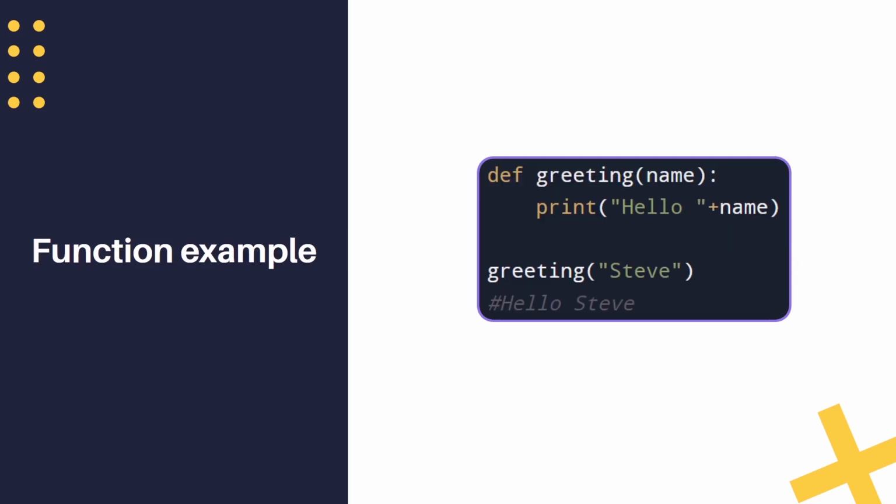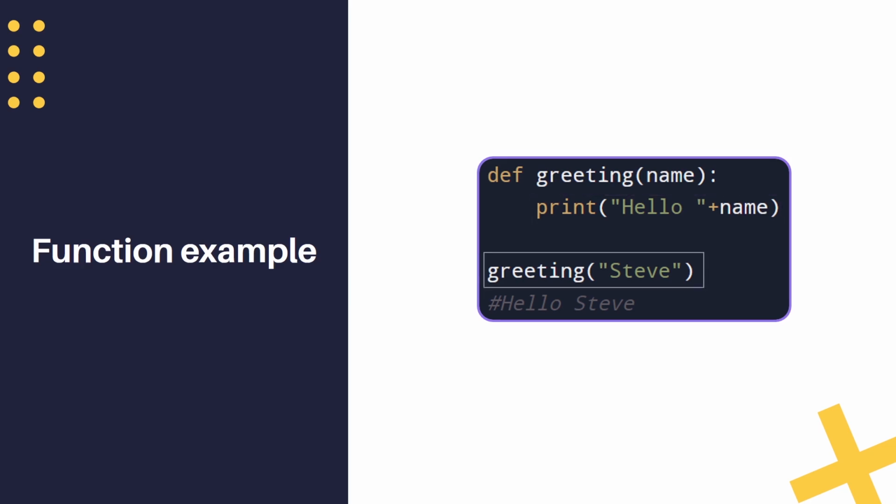And here is an actual example of a function and not just the syntax. Once again, we start off with the def keyword or definition or define. We then provide a name and give it a parameter. In the case of this function, the name is greeting and the parameter required for this function to work is name. We then perform some sort of computation, and all we do here is simply just print the keyword hello concatenated with the parameter name.